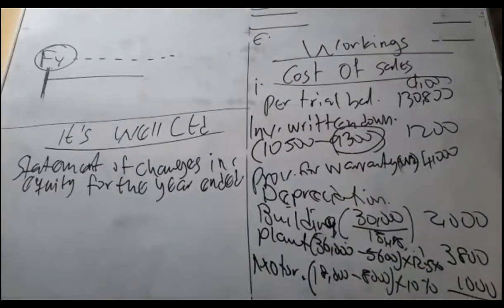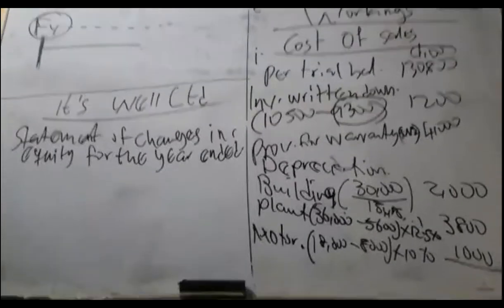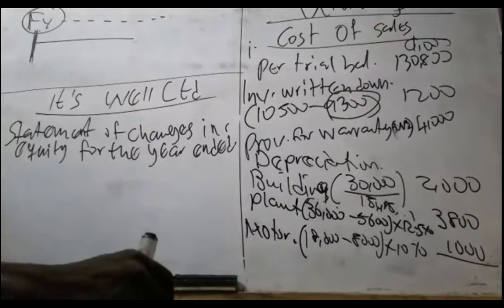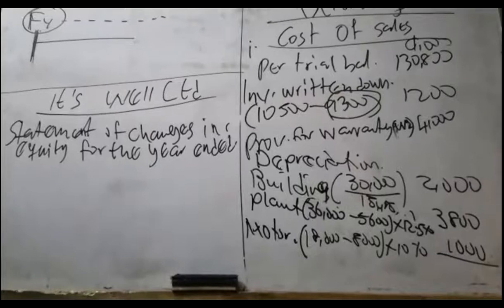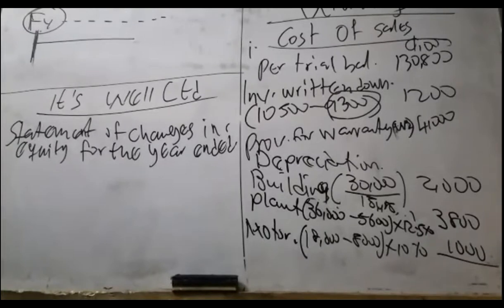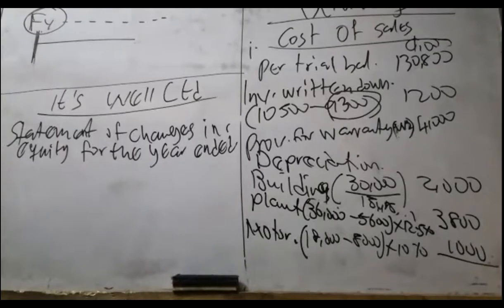The cost of sales will be, putting all this together, 130,800 plus 1,200 plus 4,000 plus 3,800 plus 1,000.